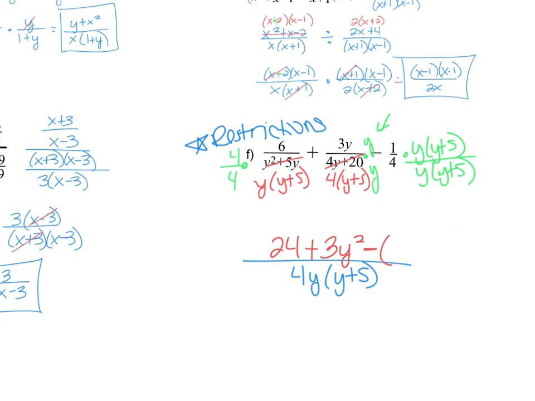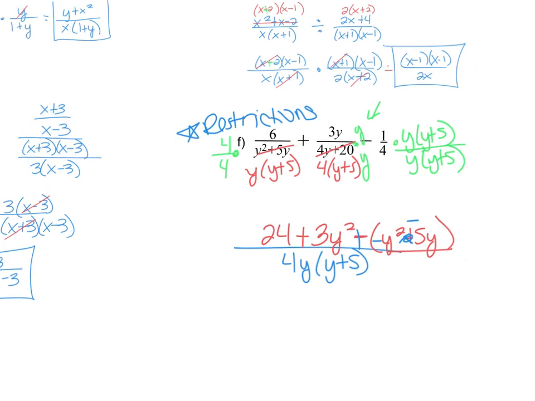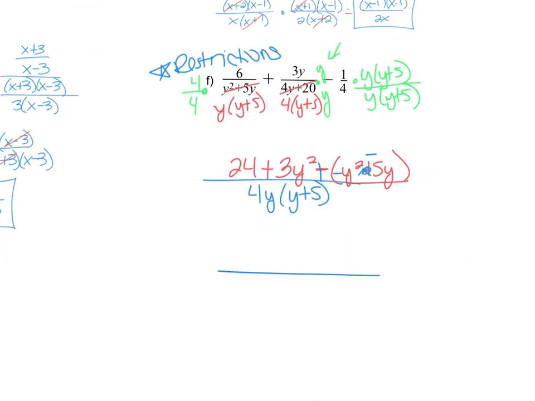So 1 times all this is just going to be all that, and all that gives you y squared plus 5y. Okay, distribute that negative. This becomes plus, negative, and that becomes a negative. Okay, clear it up. So you have 4y over y plus 5.